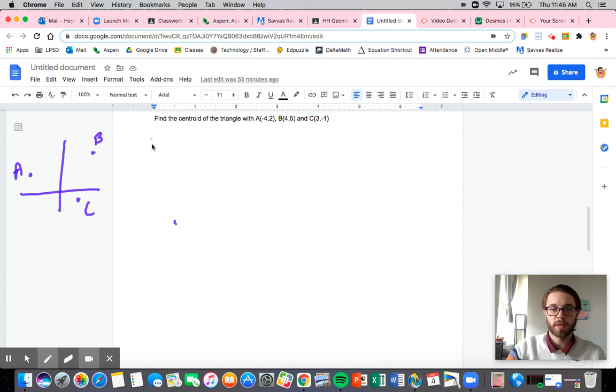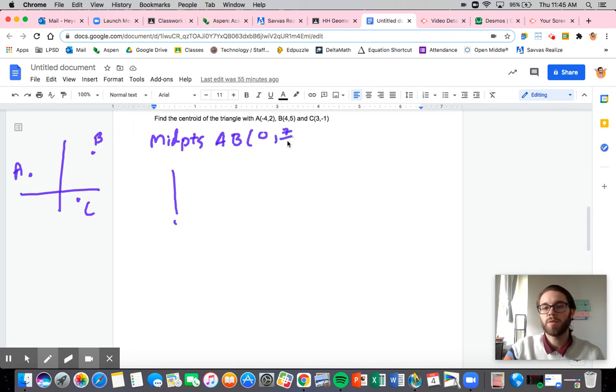All right, so we're going to find the midpoints. If AB, that would be 4 plus 4 is 0 over 2 is 0. 2 plus 5 is 7 over 2. Okay, that's fine. BC would be 4 plus 3, which is 7 over 2. 5 minus 1 is 4, divided by 2 is 2.